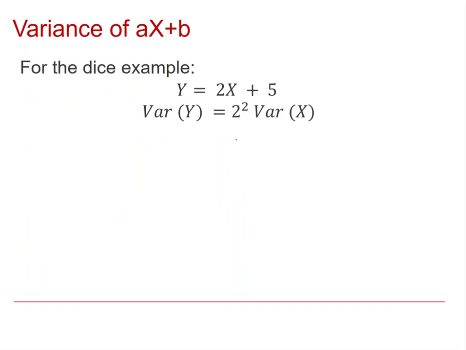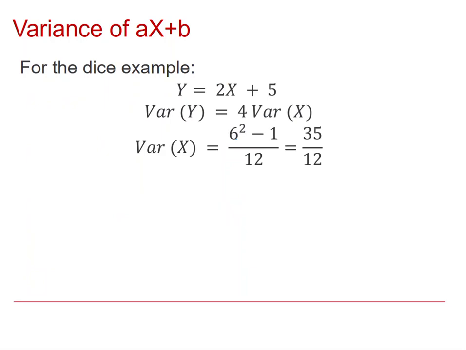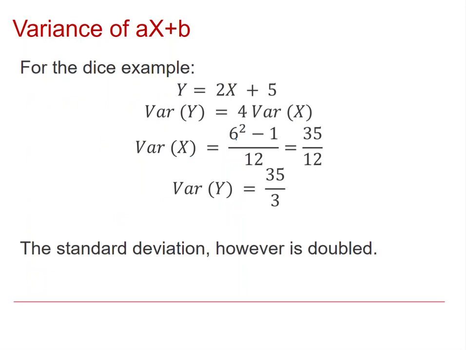Well, it's a discrete uniform distribution, rolling a dice, so we can just use the formula n squared minus 1 over 12, which gives us 35 over 12. And that's the variance of x. We want the variance of y, so we're going to multiply that number by 4 and get 35 over 3. And as it says there on the screen, if we were asked for the standard deviation, you would obviously square root that and you'd find it's exactly twice the standard deviation of x.